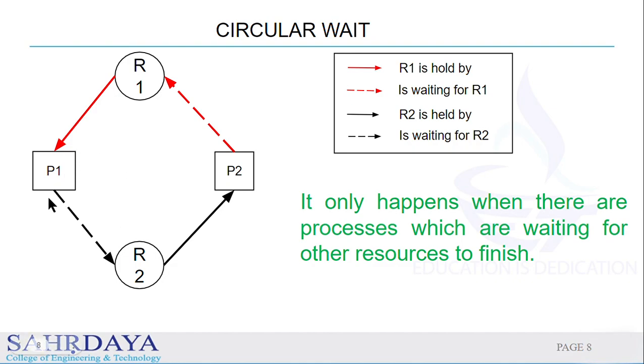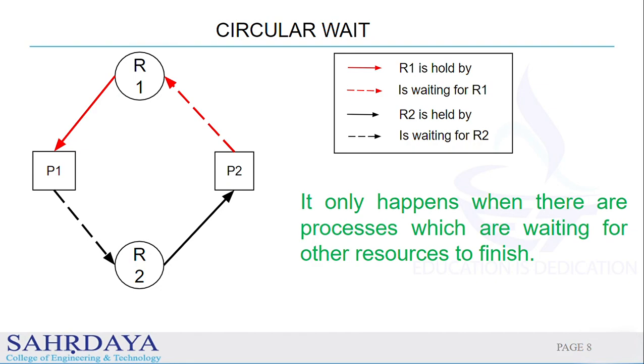No. Why? Because P1 is holding R2, so it cannot request any resource that is lower. That is why we cannot put this edge. If we do not put that edge, then there will not be circular wait. You can take any other example. With this kind of total ordering, there will not be circular wait. So this is all about deadlock prevention techniques.